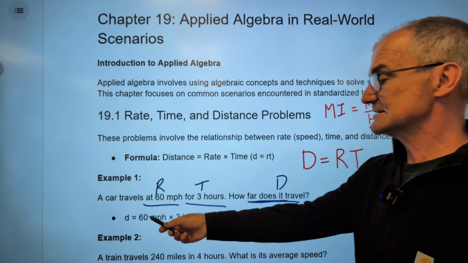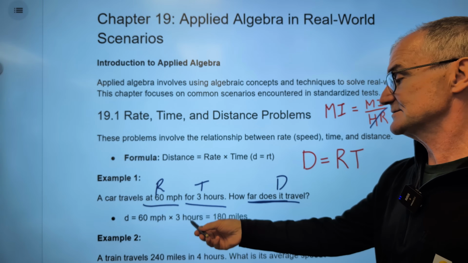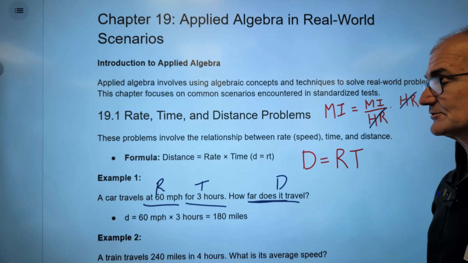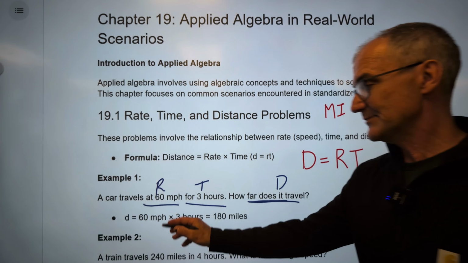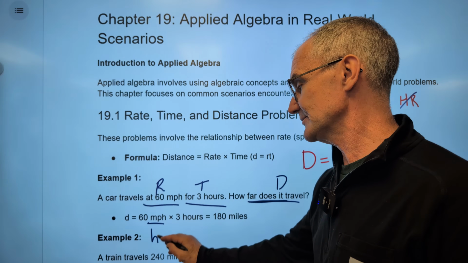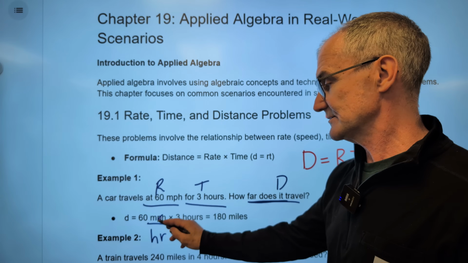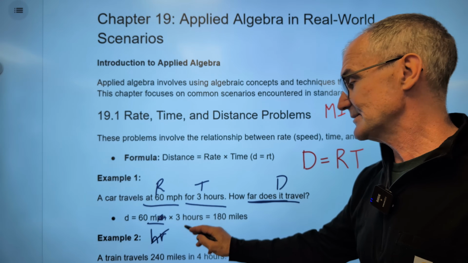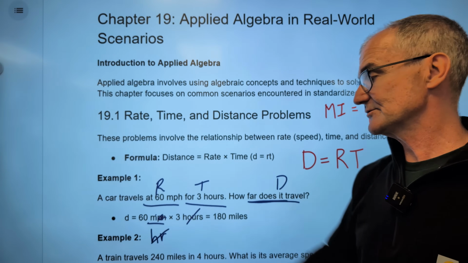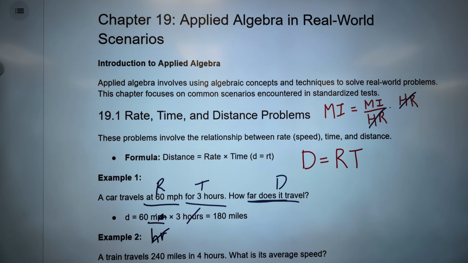So I know 60 miles per hour times T, 3 hours, is a total distance of 180 miles. And again, MPH means miles per hour, right? So let's erase that, miles per hour, and then miles per hour times hours. My hours cancel, and that's where those miles come from.